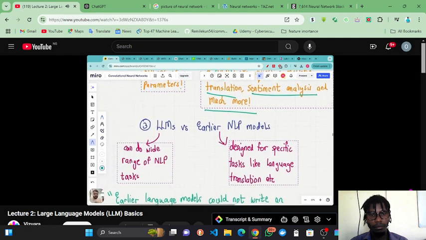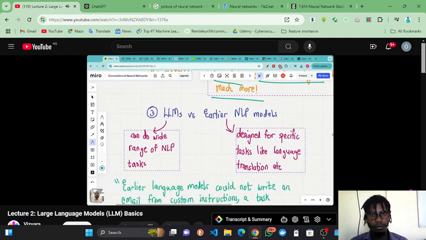And now we come to the third aspect, which is: why have LLMs become so popular? Didn't we have the field of natural language processing before also? That's true. Natural language processing as a field has existed much before LLMs.